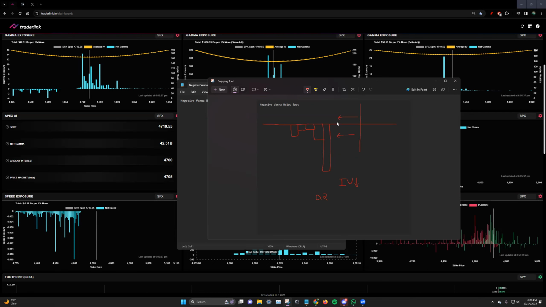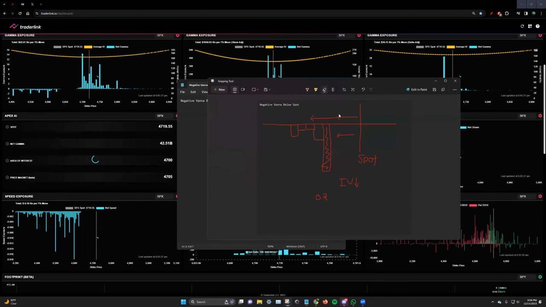So let's say spot price now gets passed over and we go through that negative Vanna exposure. That means dealers will have to continue to sell even more, and it'll create some sort of accelerating effect, suggesting that price is going to go lower through that Vanna exposure level. This is the same thing with negative exposure above spot price, depending on what IV is as well.